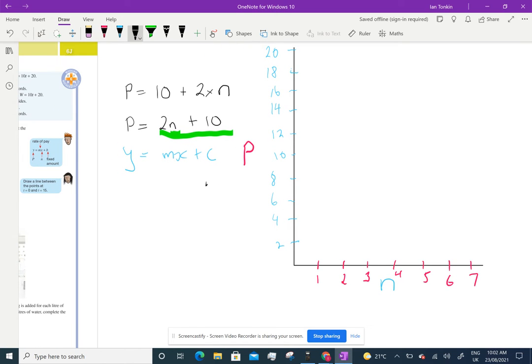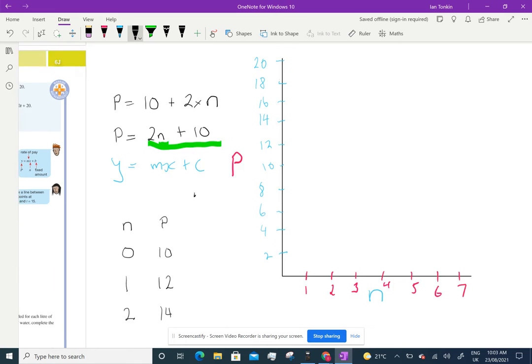Now remember, to plot a point, I only have to plot 2 values. You can write them like a set of points, so I'm going to write n and P. If I pick no kilograms, I'll get $10. If I pick 1, 2 times 1 plus 10, I'll get $12. If I pick 2, 2 times 2 is 4, plus 10 is 14.